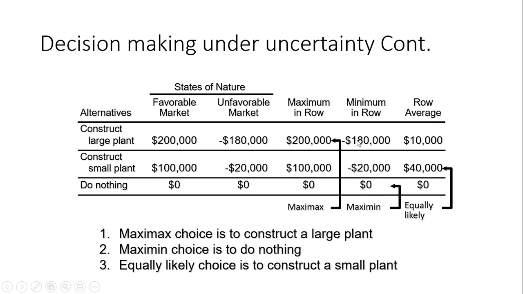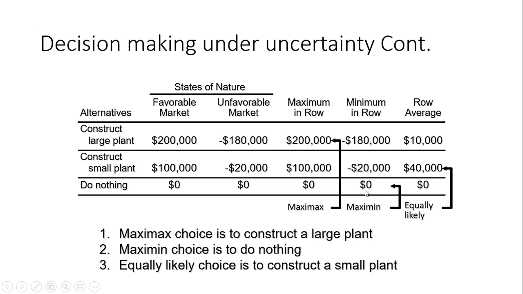According to the maximin or pessimistic measure, you select the highest value in this column of row minimums, which is 0.